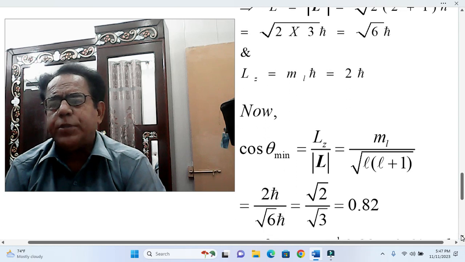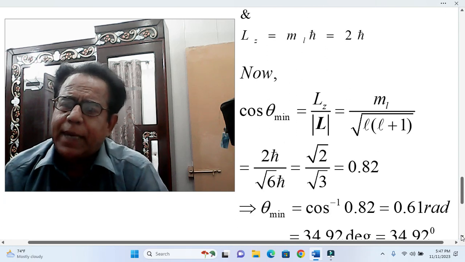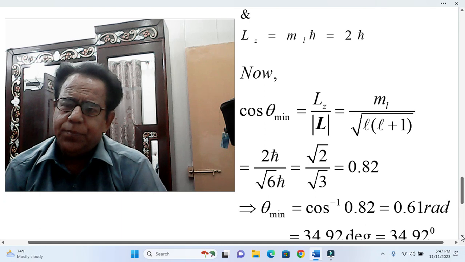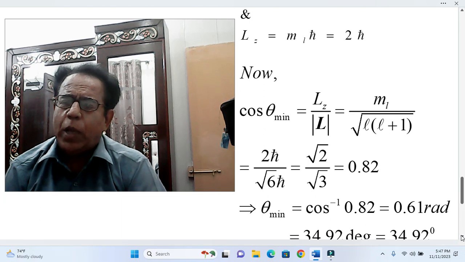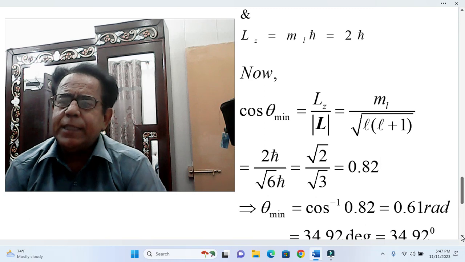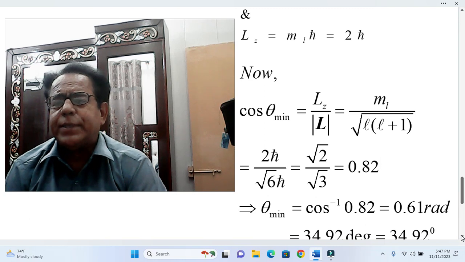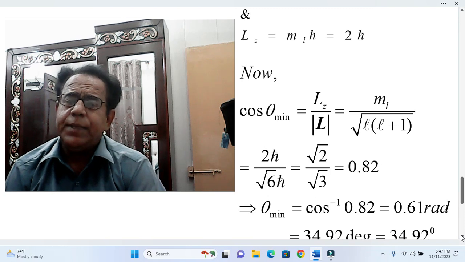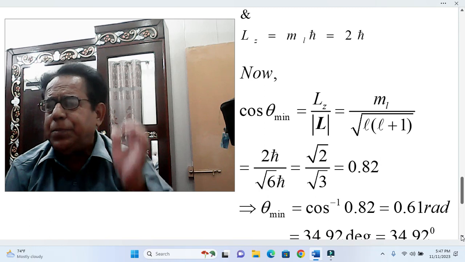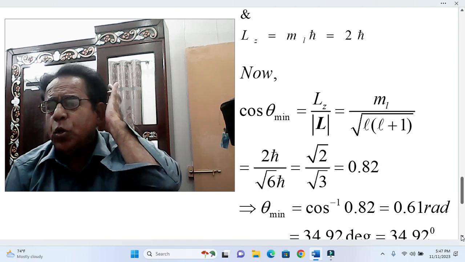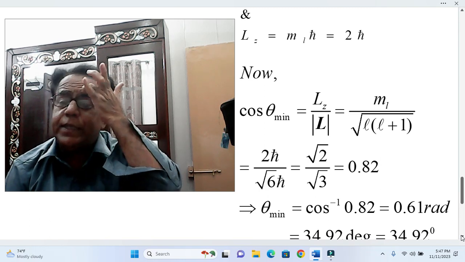Now cos theta minimum is equal to Lz over L modulus. This becomes equal to ml over under root l into l plus 1. This becomes equal to 2 h cut over under root 6 h cut. Dear students, here h cut will be cancelled with h cut, and we will be left with 2 over under root 6.